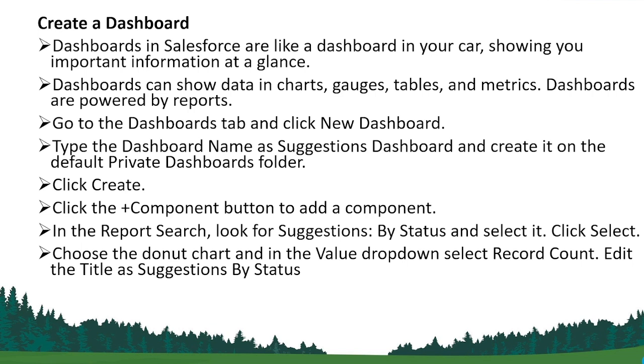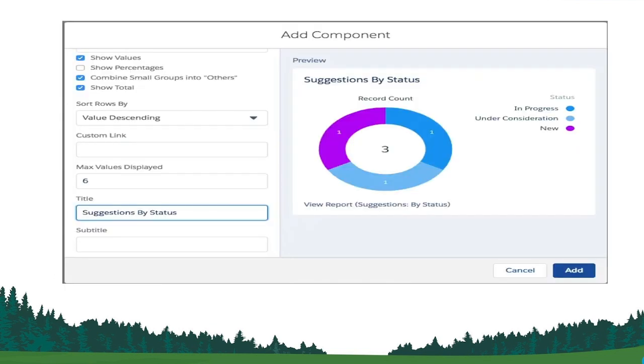Or if you want to represent any of the data by chart, you move into the value drop down and select the chart, and also select the count of the records, so that the count will be represented in the chart representation. You can also edit the title or the value of the record.